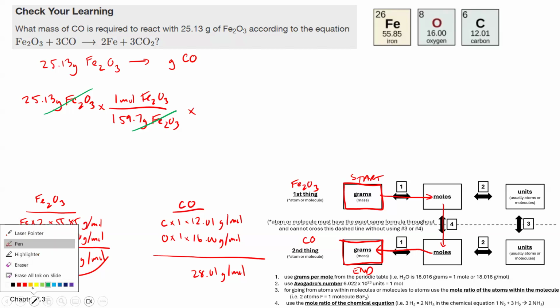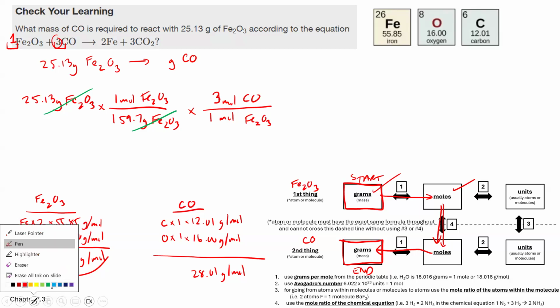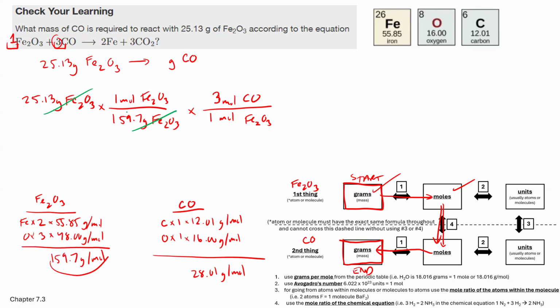So we need now moles of Fe2O3 on the bottom, and we're doing now the mole ratio, and that is a 1 to 3. So here we're doing 1 mole of iron 3 oxide to 3 moles of carbon monoxide. Let's cancel these out. Those all cancel out.